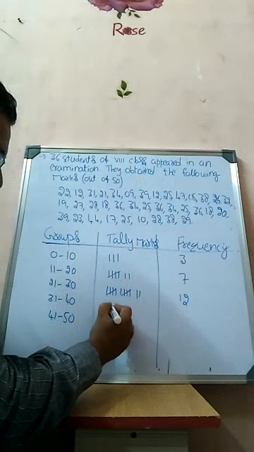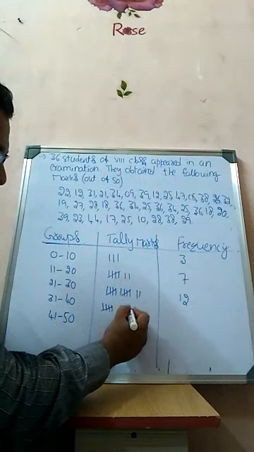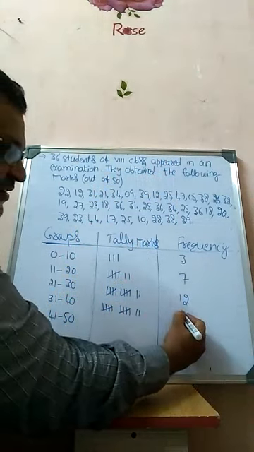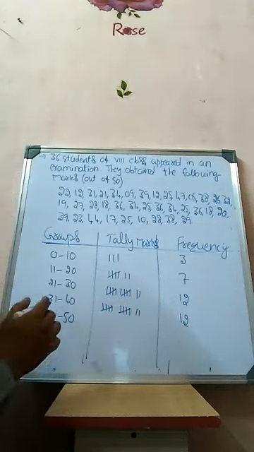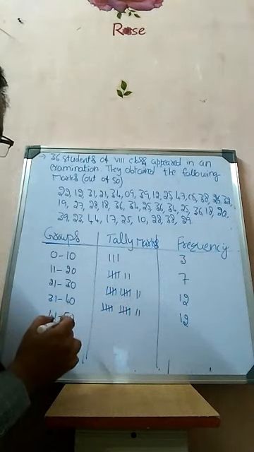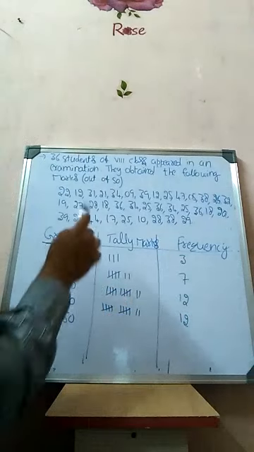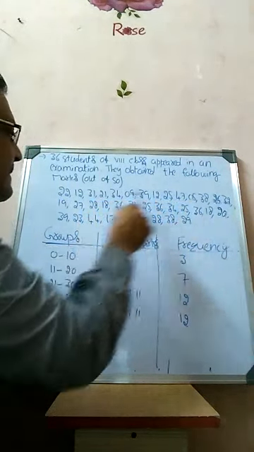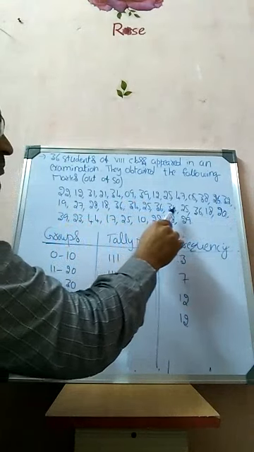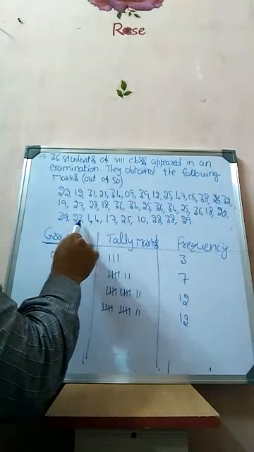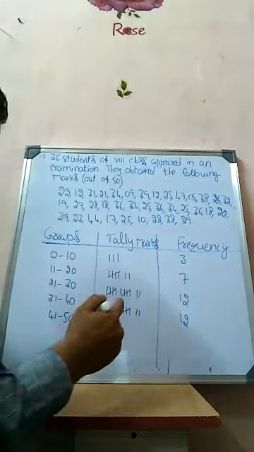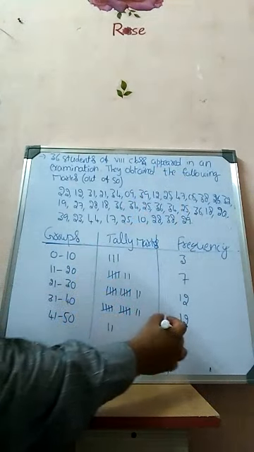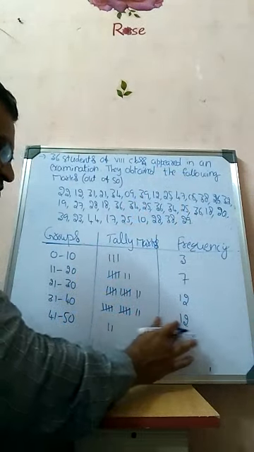So the frequency is 12. And in between 41 and 50, including both values, there are only two values.